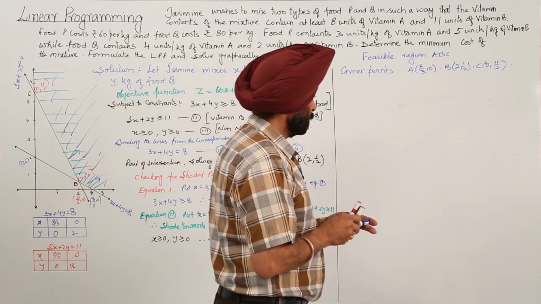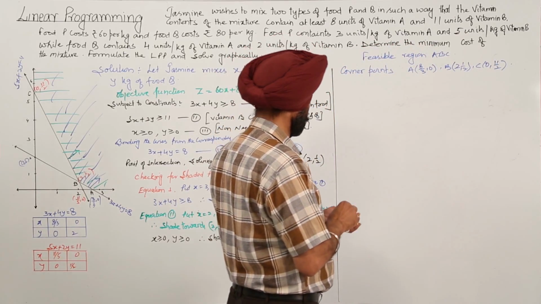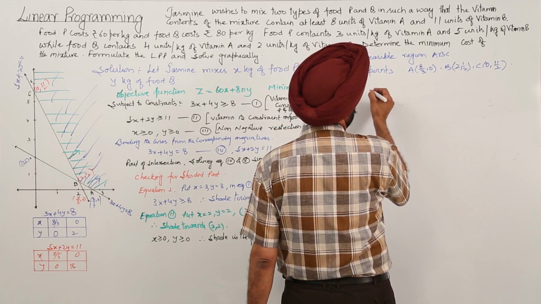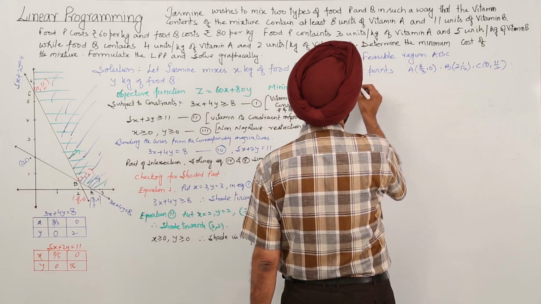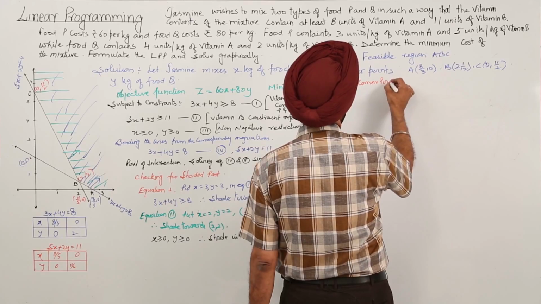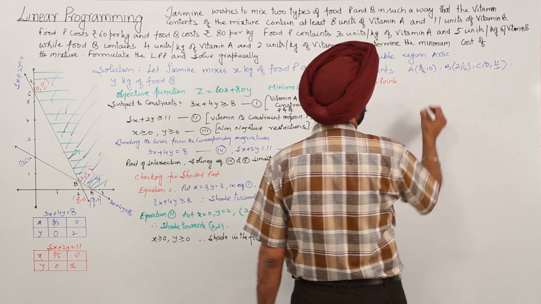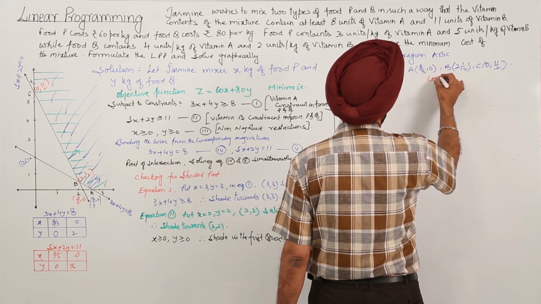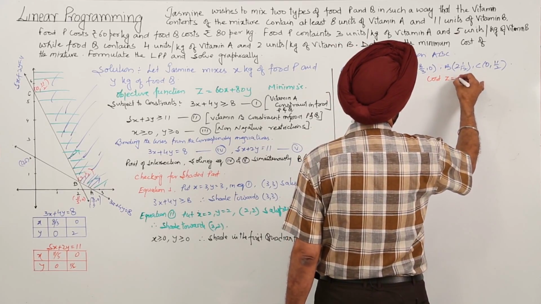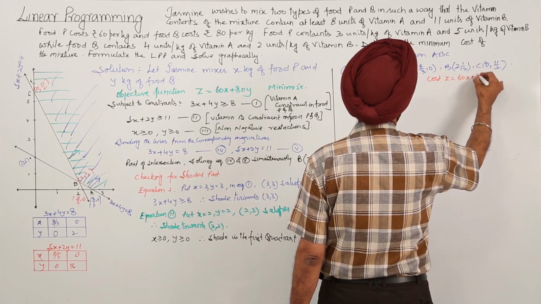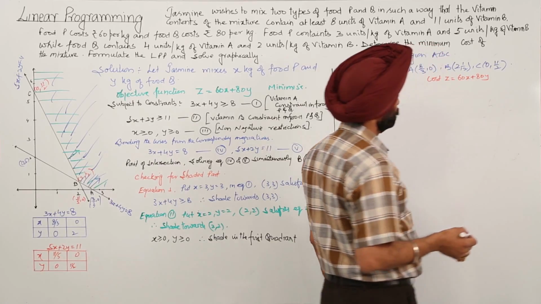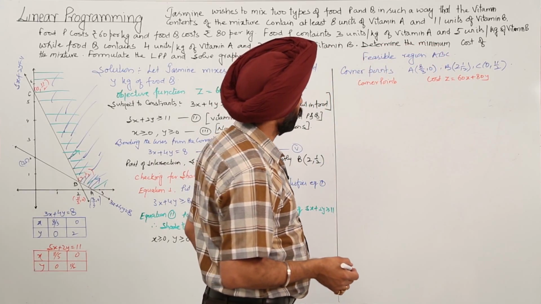Now for the corner points, cost z is equal to 60x plus 80y, that is the objective function.